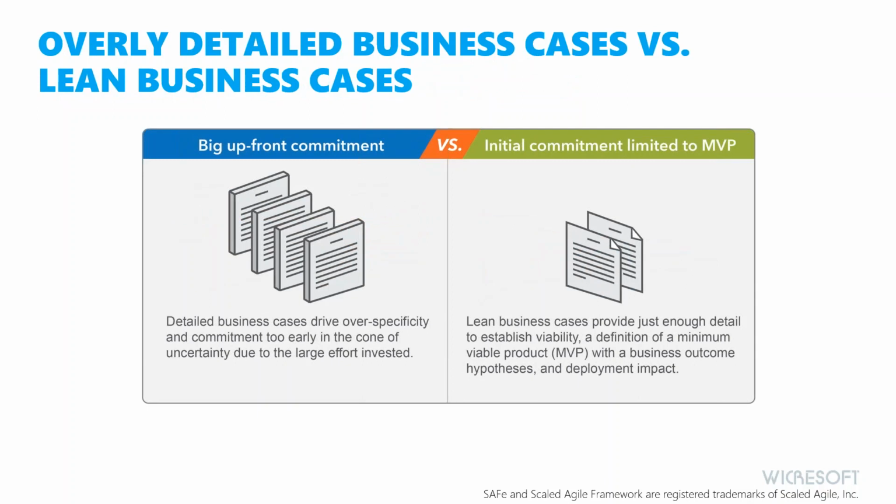Another part of lean is the business case. There is a thing called a lean business case. And the shift here is that a lot of today's business cases for ideas in the organization often require these very detailed business cases.